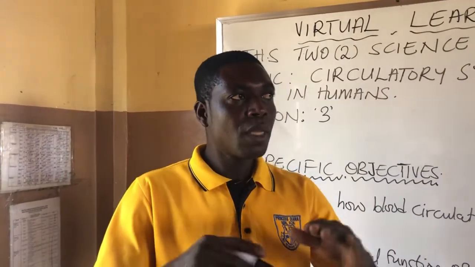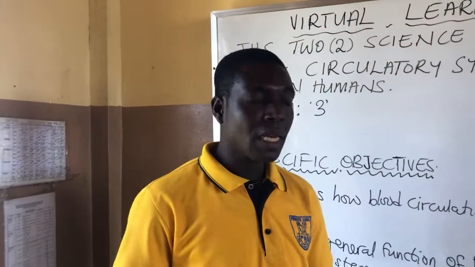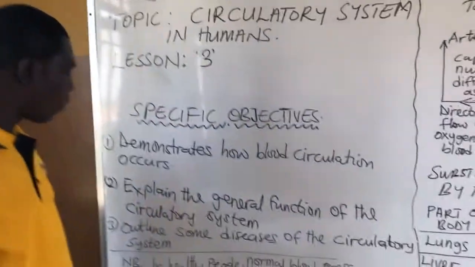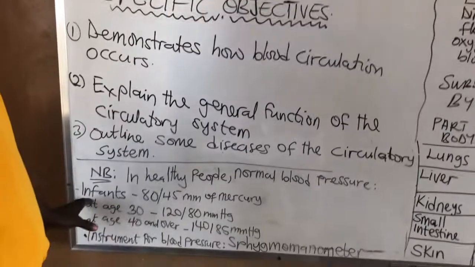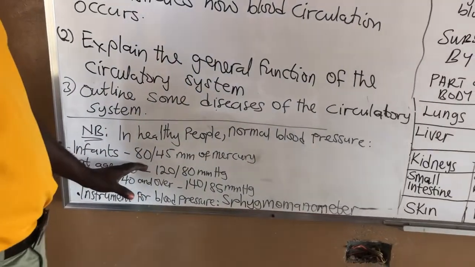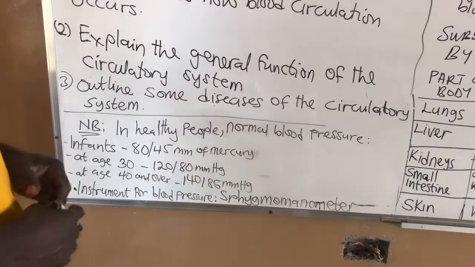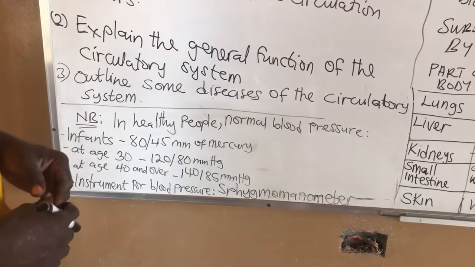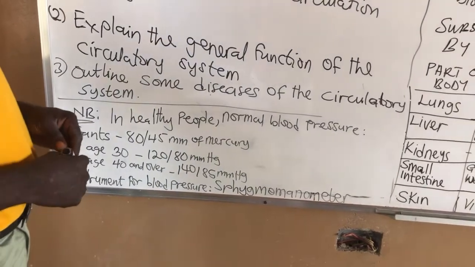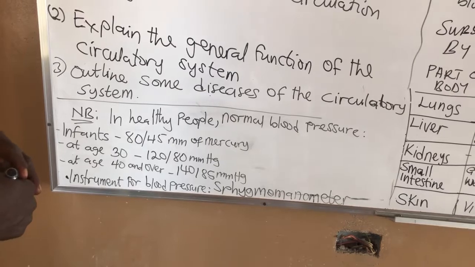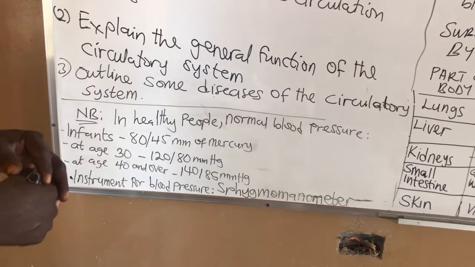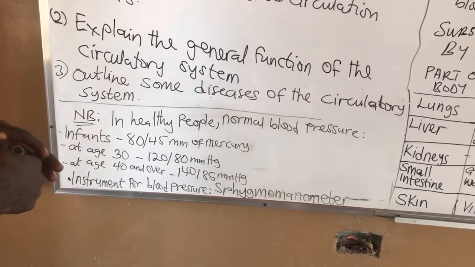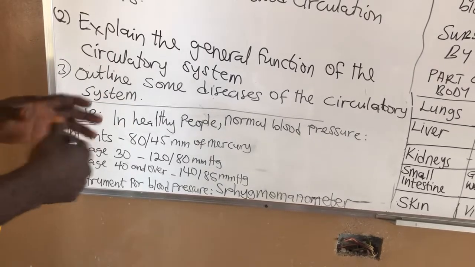So we have it in two forms here. In infants or children, it's supposed to be 80 and 45 millimeters of mercury. That is the actual pressure that a normal, very healthy person should have.